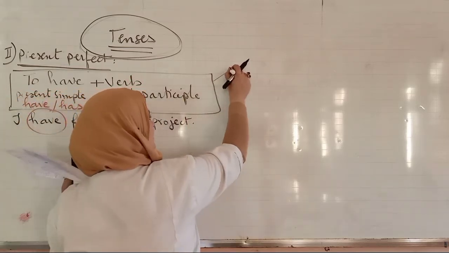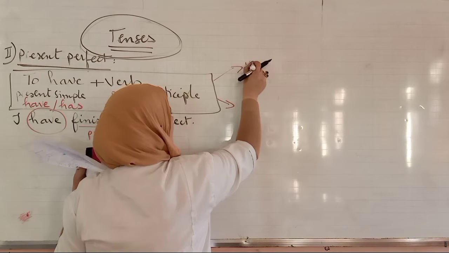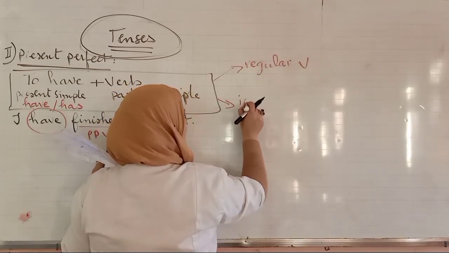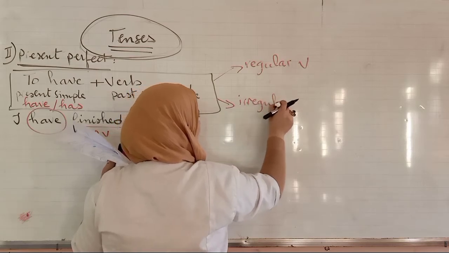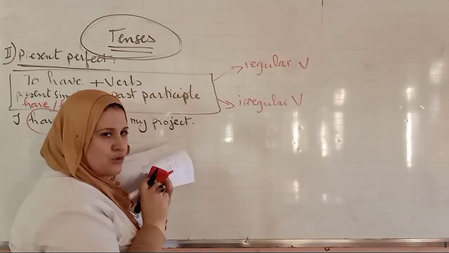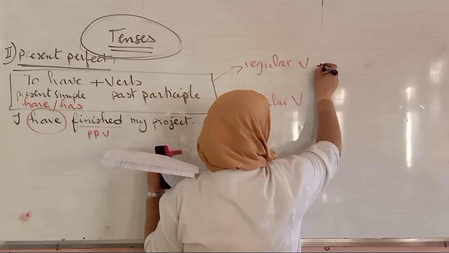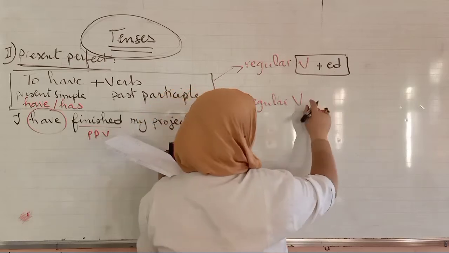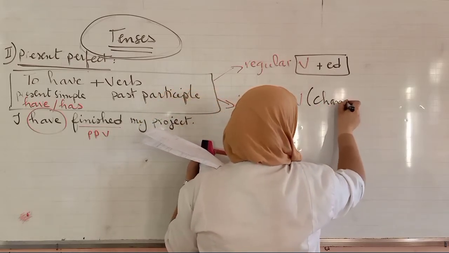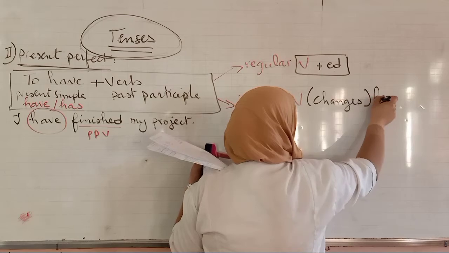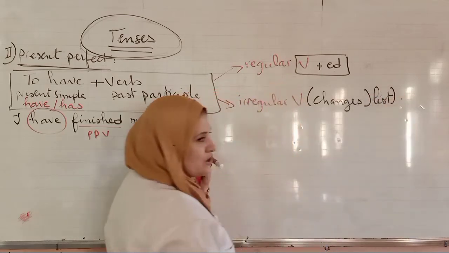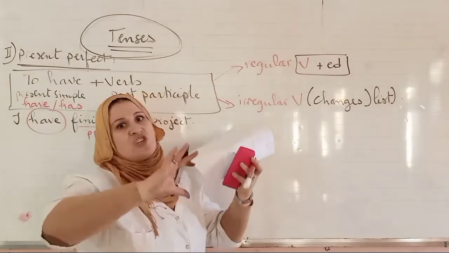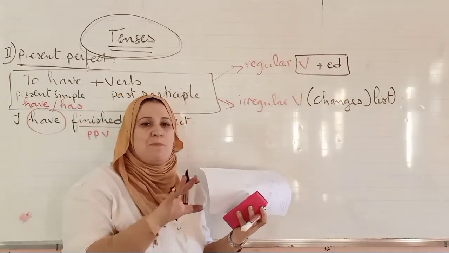Concerning the past participle, we have either a regular verb or an irregular verb. And the rule, of course, if it is regular, it takes the ed form or d, okay? If it is irregular, it changes. Okay, you have the list of the irregular verbs. Some change, for example, once, others twice, others they change completely, and others they keep the same.